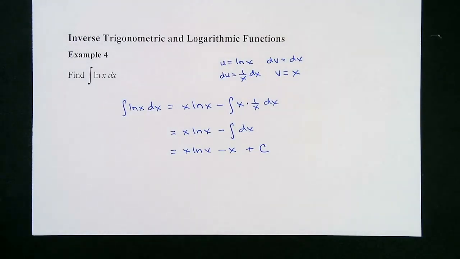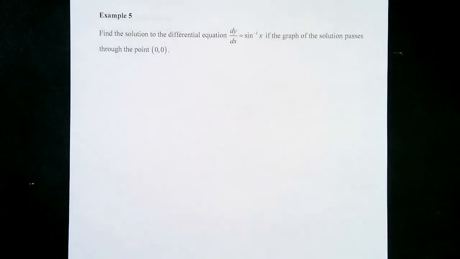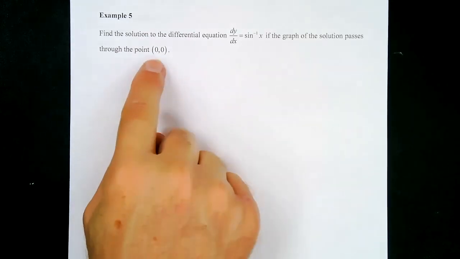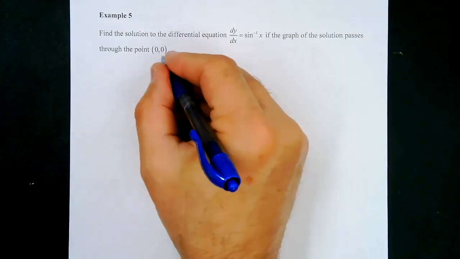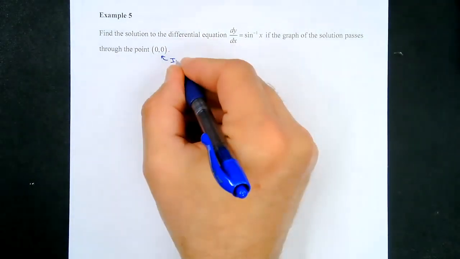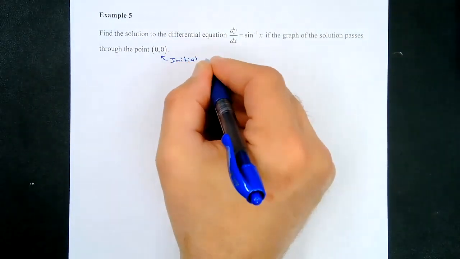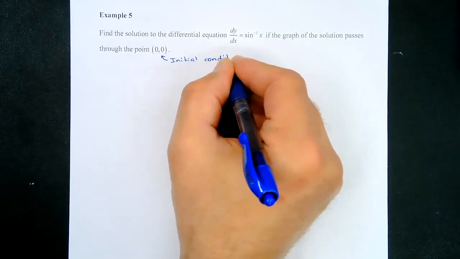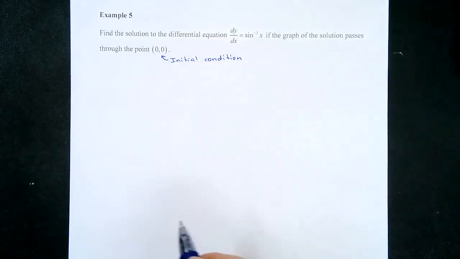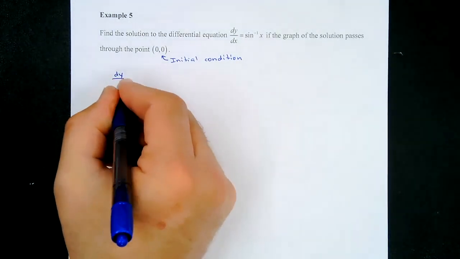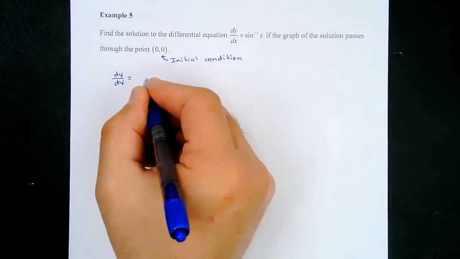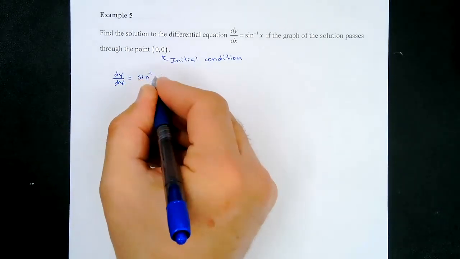All right. Okay, let's do an inverse trig function now. So here we have a differential equation, dy over dx is equal to sine inverse of x. If the graph of the solution passes through the point 0, 0. Now recall that this again is an initial condition, right? Okay, so to solve this, we're going to start with the differential equation dy over dx is equal to sine inverse of x.